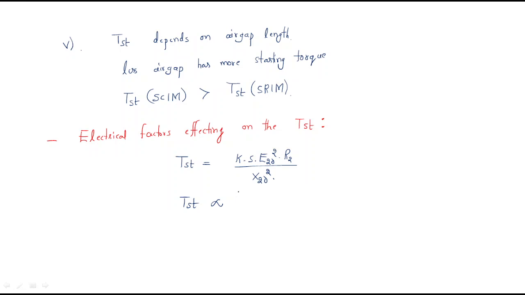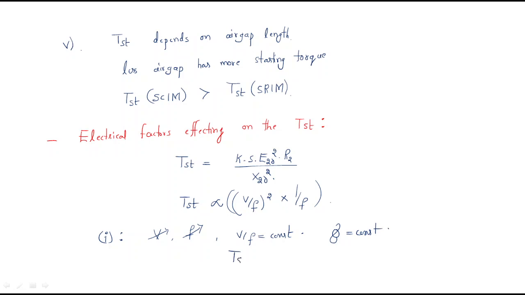So it depends on two things: voltage per frequency into, again, 1 by frequency. If you take case 1, voltage will be variable and frequency will be variable, then voltage per frequency is constant. Voltage per frequency constant gives constant flux. At that time the starting torque will depend only on the frequency.